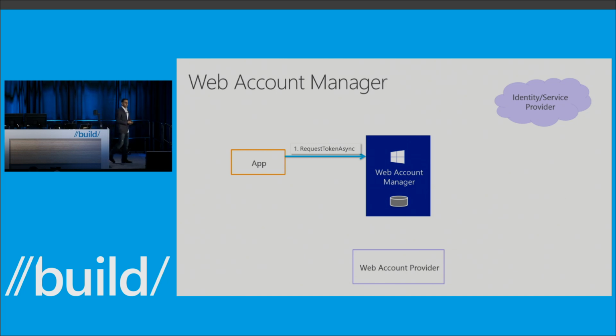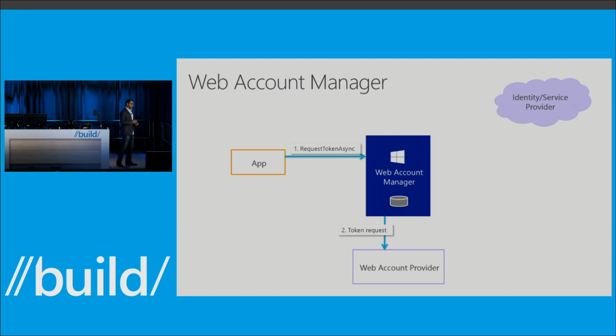The next thing it does is break open the request that it got and look at the provider that was passed in the request object and figure out whether a Web Account Provider matching that ID was available on Windows or not. Another thing I want to highlight before I keep going: here, the app, the orange box, and the Web Account Provider, the box at the bottom, are just Windows universal apps. They're just apps.